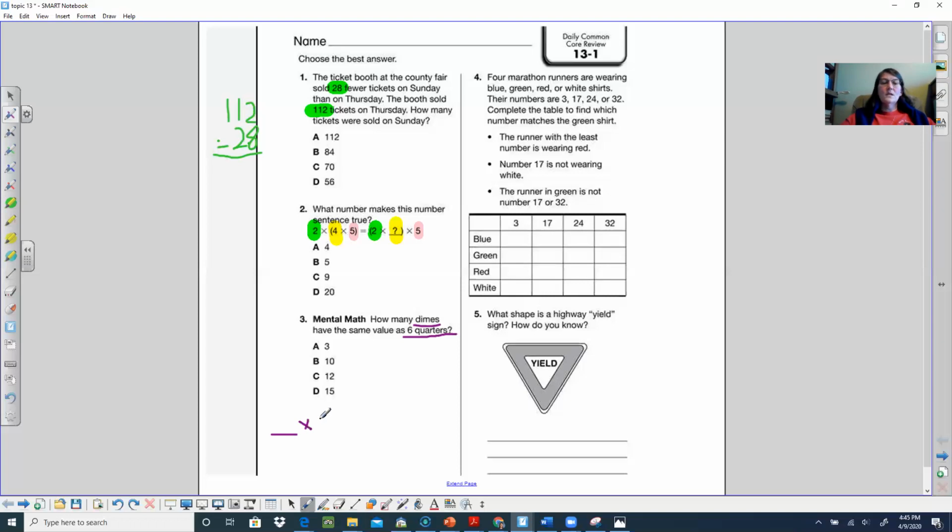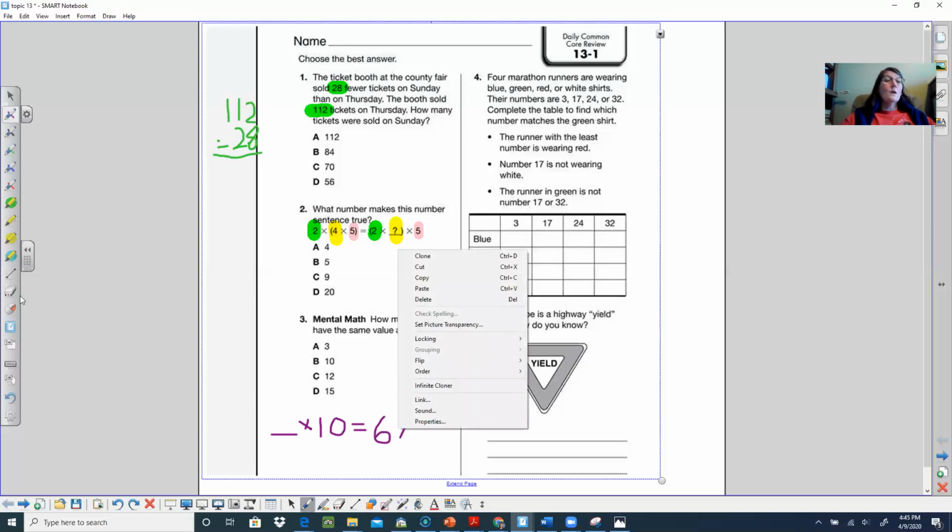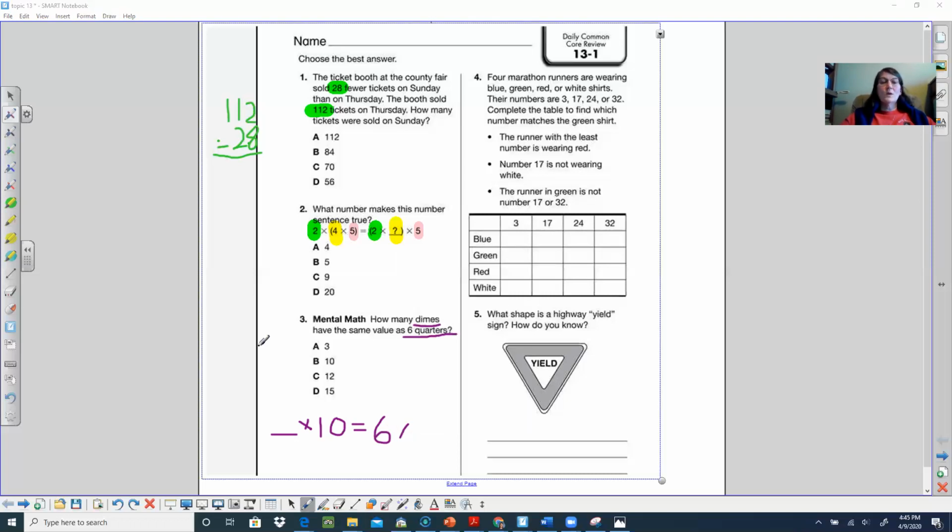So something times 10 is going to equal 6 quarters. And we need to remember that a quarter is worth 25 cents.